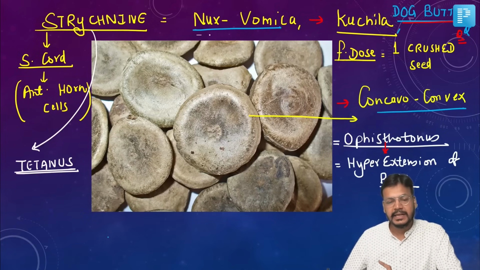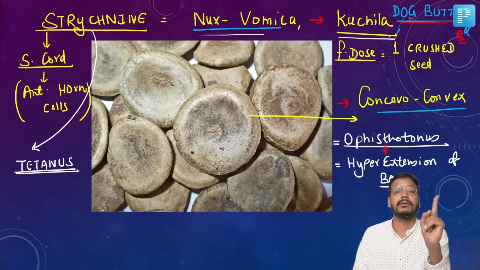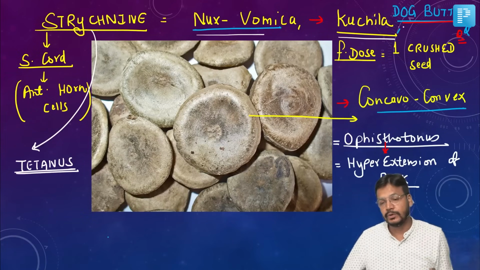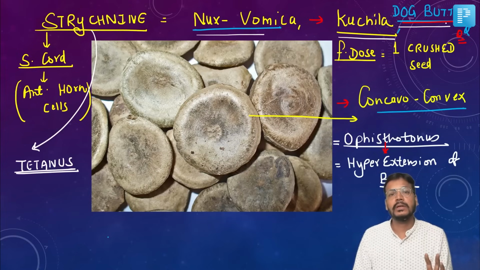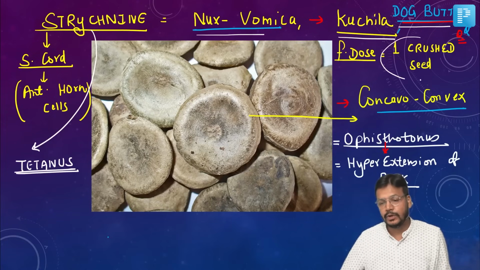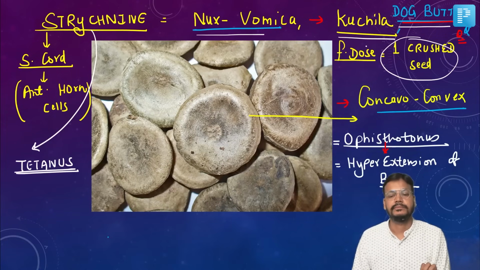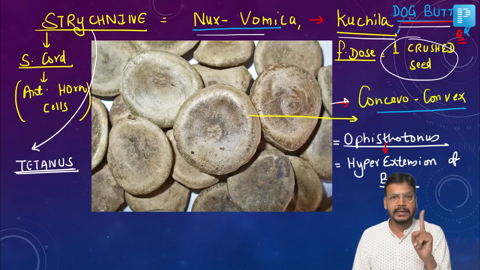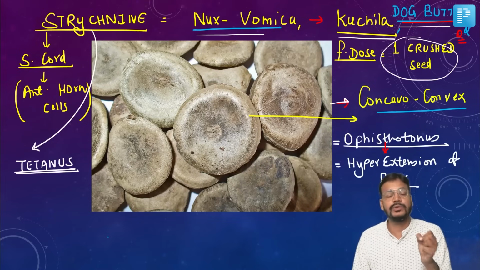Sir, strychnine is nux vomica or kuchila. It is also known as dog button, used to kill dogs. Fatal dose is 1 crushed seed. The seeds are concavo-convex. Dog button means kuchila and nux vomica.